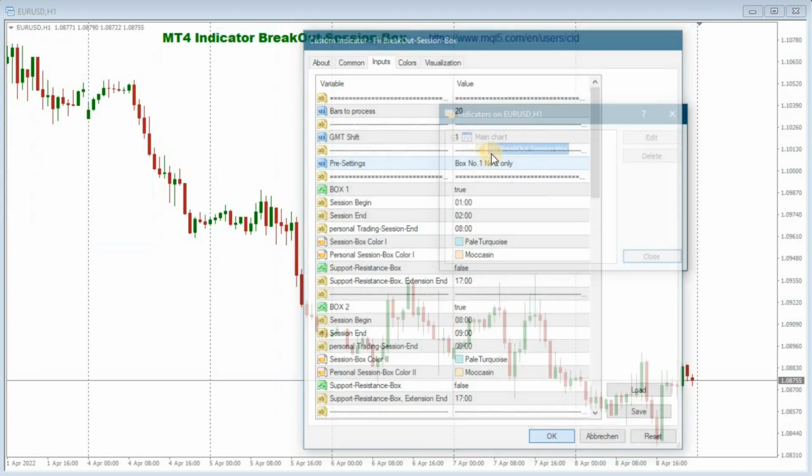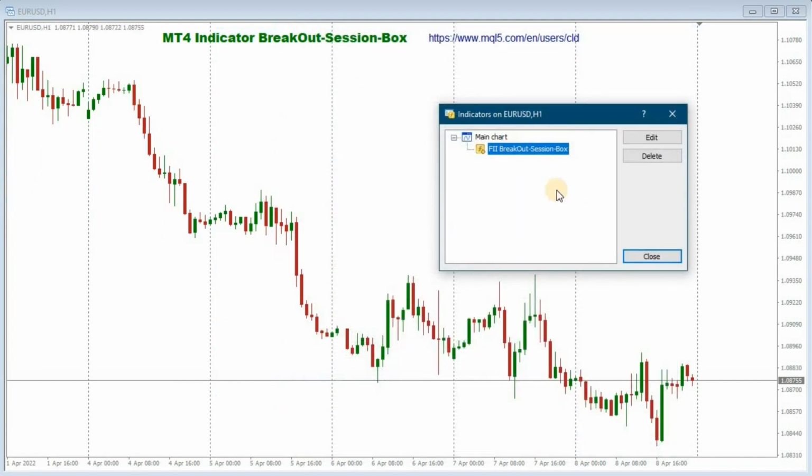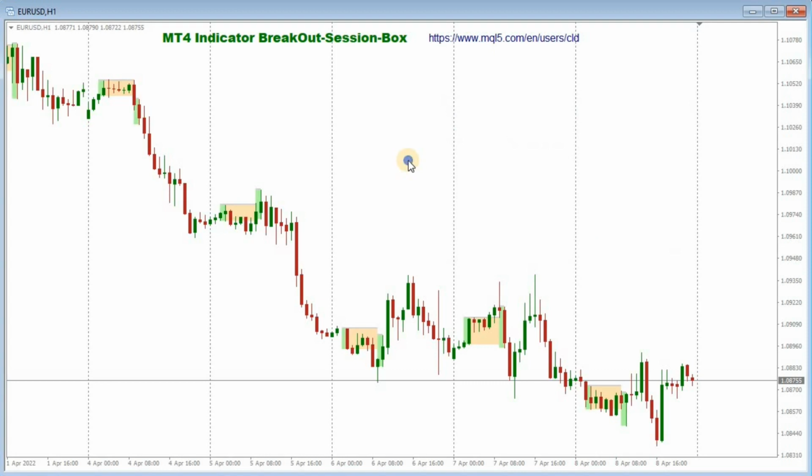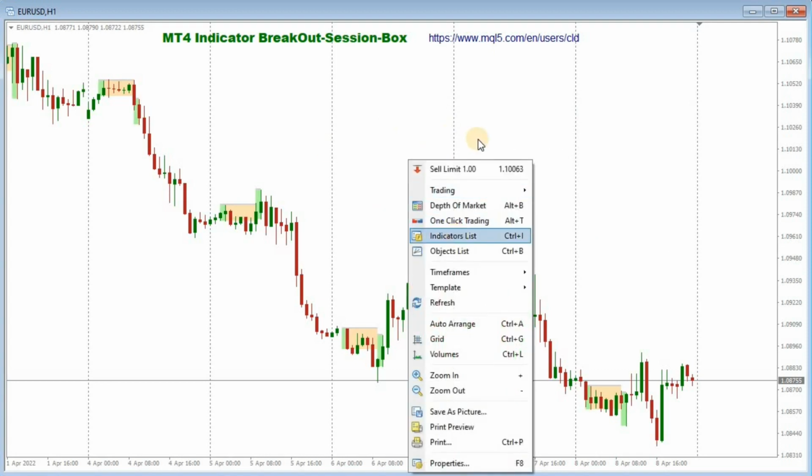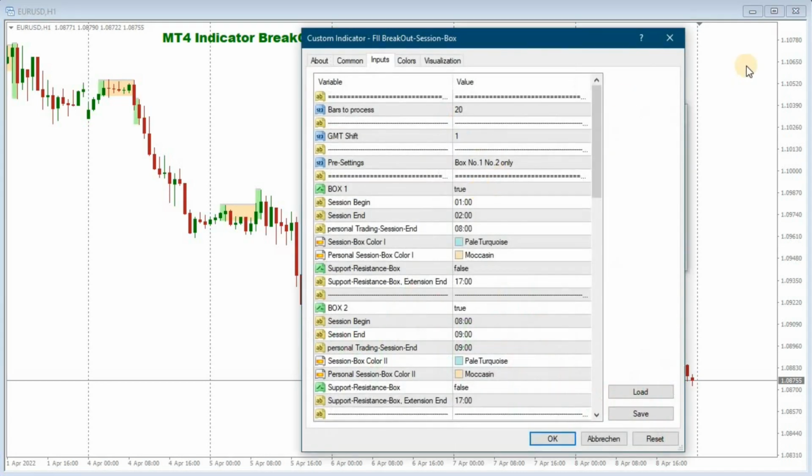In this presetting, the first two boxes are activated, and all other boxes are deactivated. Here again, all variables can be changed.